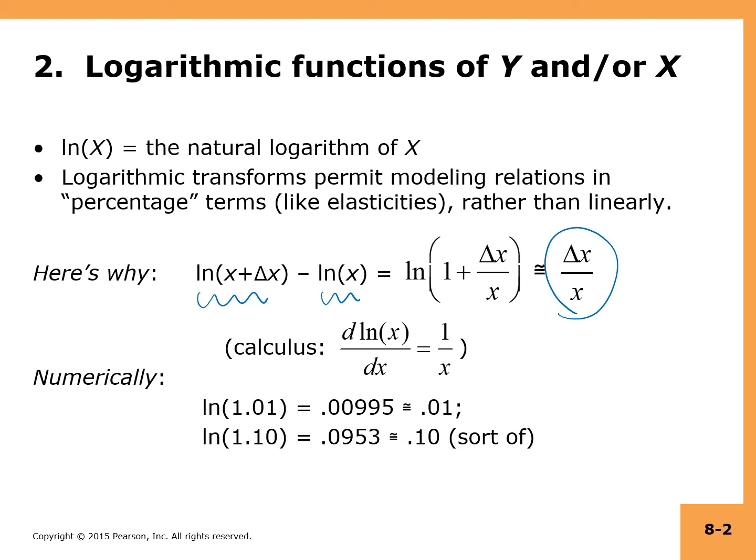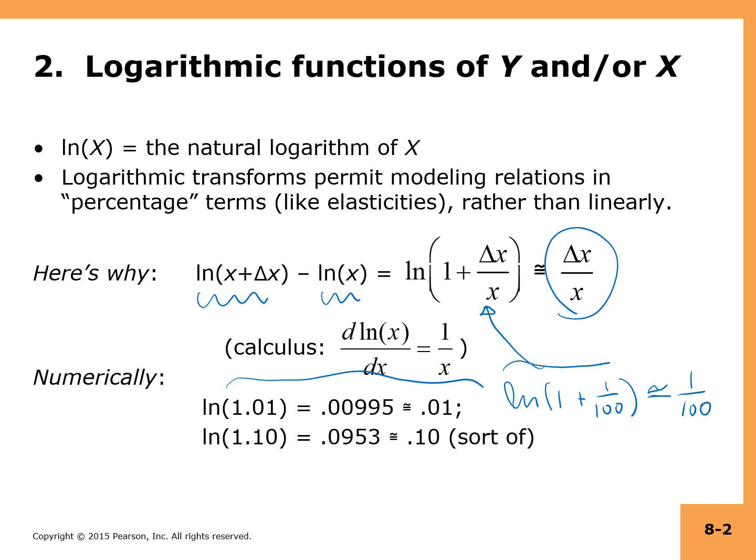Numerically, this can be seen, for instance, in log of 1.01, which can be rewritten as 1 plus 1 over 100. So in this case, change in x is 1 and x is 100. So this can be approximated by 1 over 100.